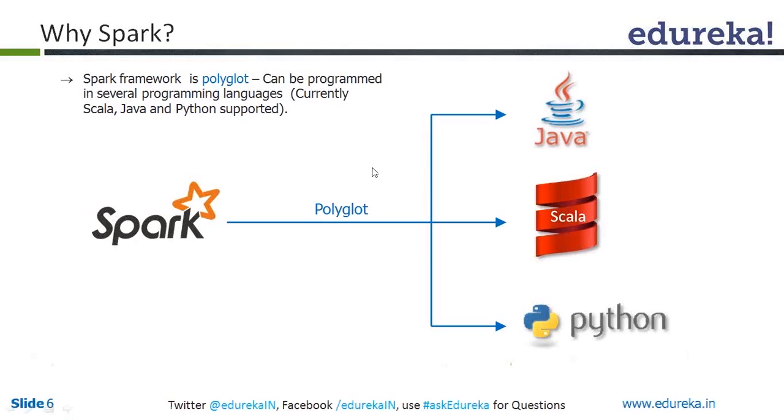Apart from Scala, Java and Python, nothing else is supported as of now, but it is a work in progress. So probably some months down the line when you see this slide again, you'll see some more options available to you. But as of now, it is going to be Scala, Java and Python.